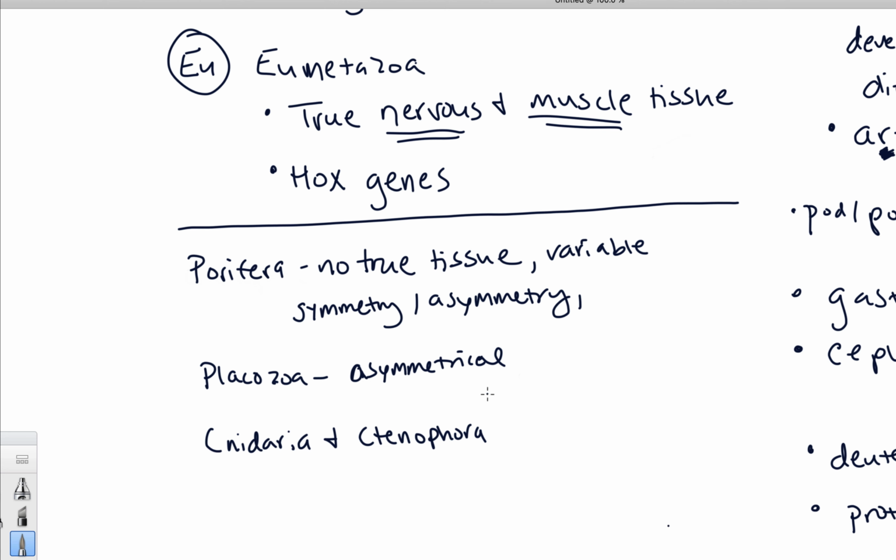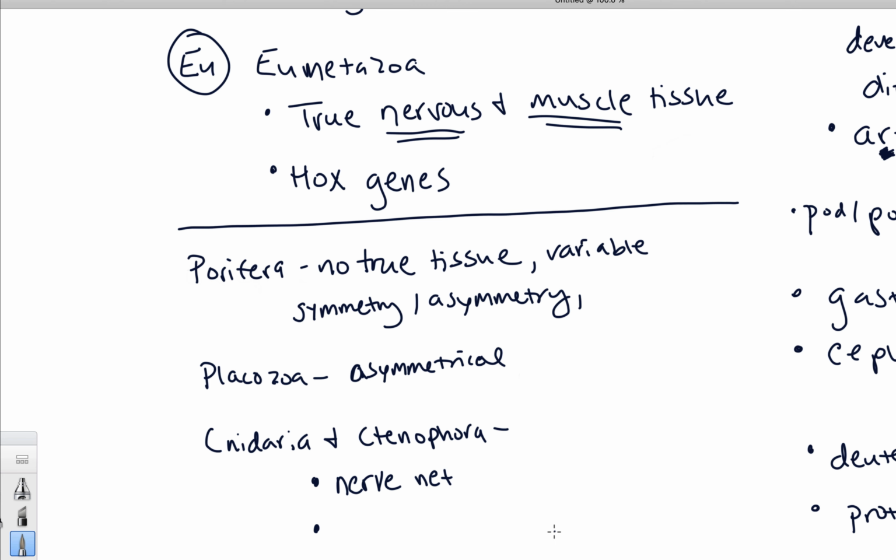Cnidaria and Ctenophora, and this does include Ctenophora, even though it's not actually as closely related to Cnidarians as they probably are to Bilaterians. They both definitely have true nervous tissue and muscle, but it's different than Bilaterians, as we'll see. They have a nerve net, so there's no brain or anything; it's basically distributed throughout the body.